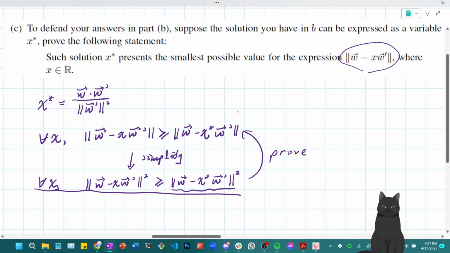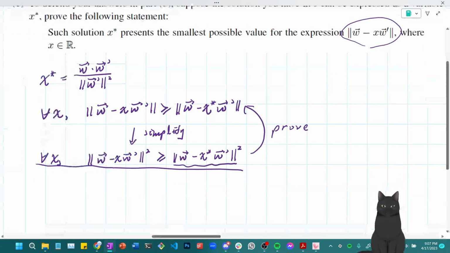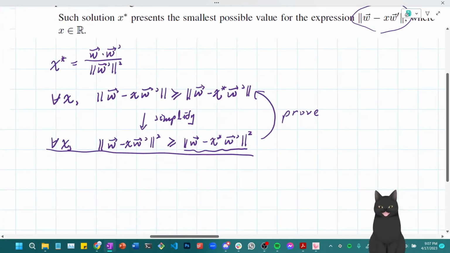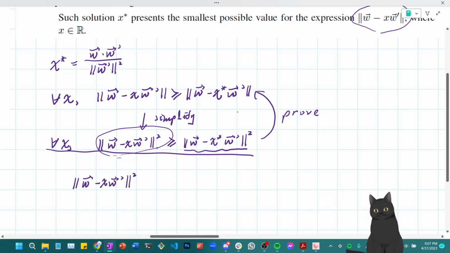This is about simplifying the thing that we were supposed to do in the question. So let's try to see what the value of the length squared of w minus xw prime could be. The square of this length is also equal to the dot product, or the inner product, of a vector with itself.